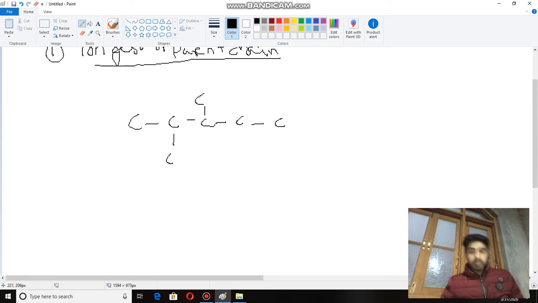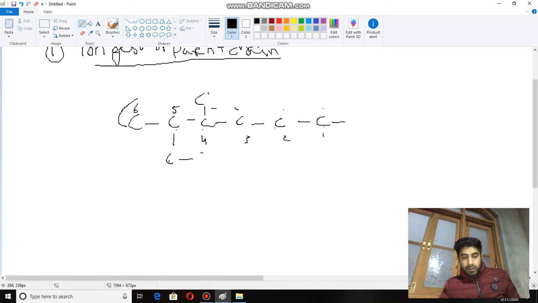See, I can make the numbering in different ways. For example, this is 1, 2, 3, 4, 5 and 6, or 1, 2, 3, 4, 5, or 1, 2, 3, 4, 5, 6. So actually I should add one more here, like this. So in this way it's 1, 2, 3, 4, 5, 6, 7.